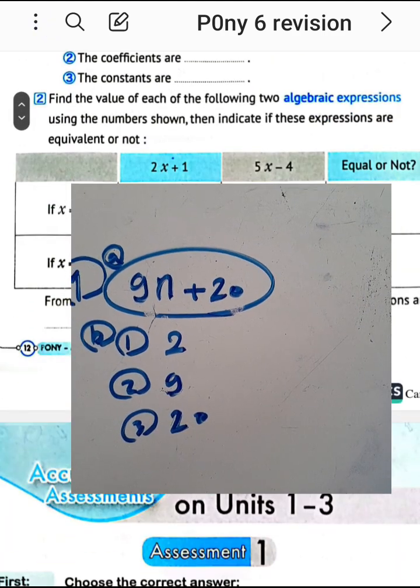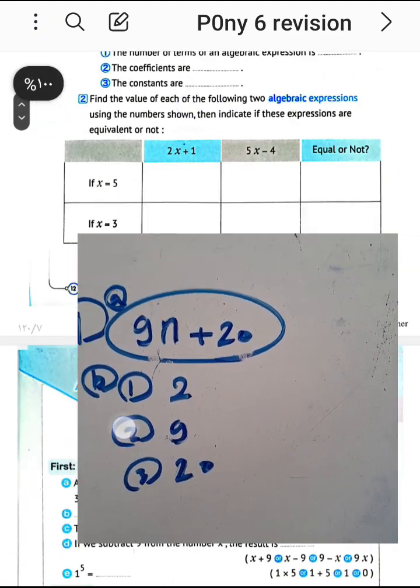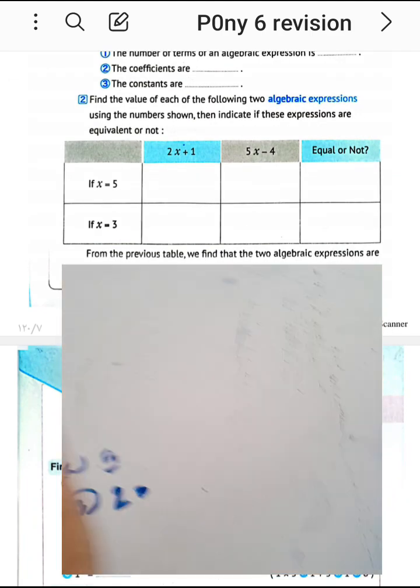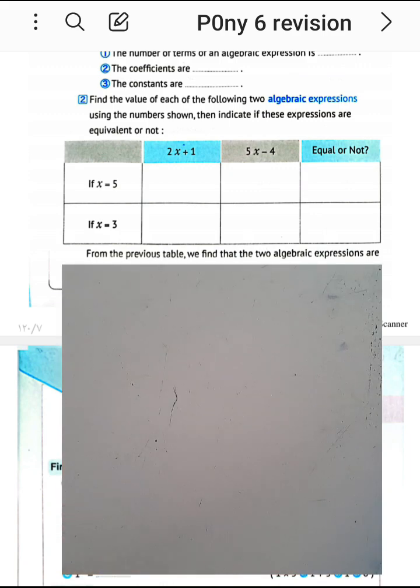Question number 2, find the value of each of the following expressions. Equal or not equal. Look with me at the table.